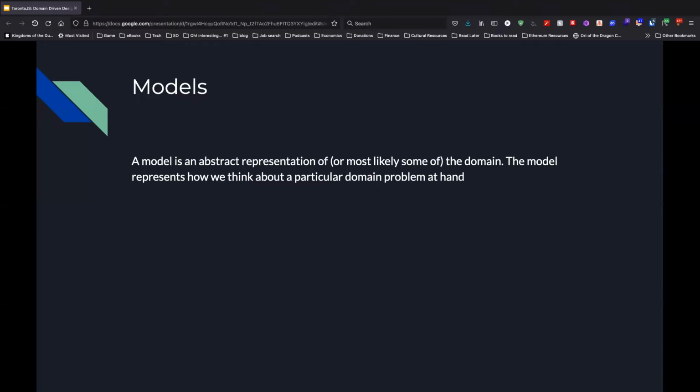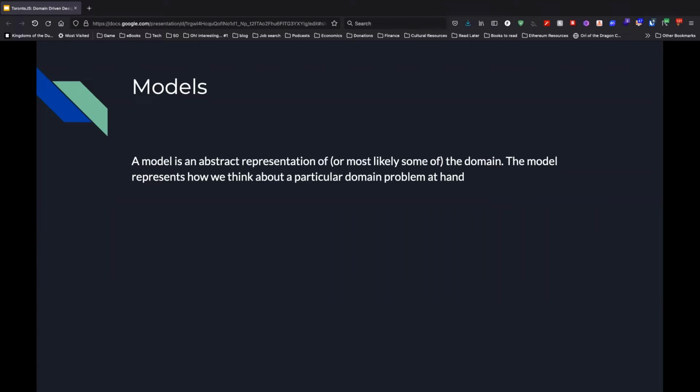Those are useful things in domain-driven design. Definitely, domain-driven design does not say you cannot use them or you cannot have them. I think everyone wants to have some kind of diagram because it's useful, but that's not the main thing when domain-driven design talks about model. Model is really just about how we think about the problem.